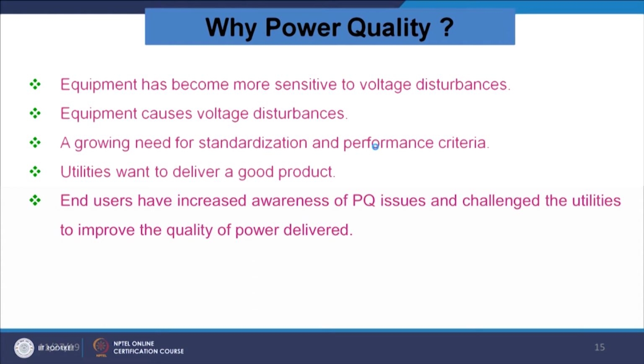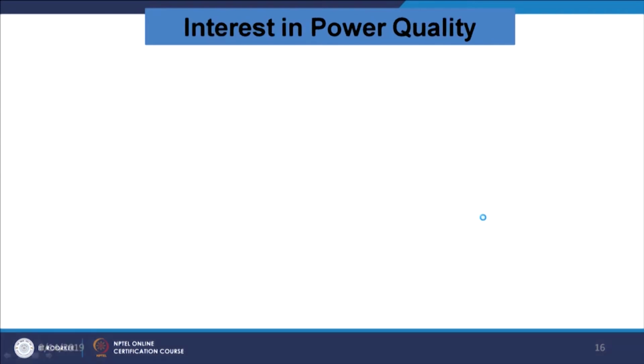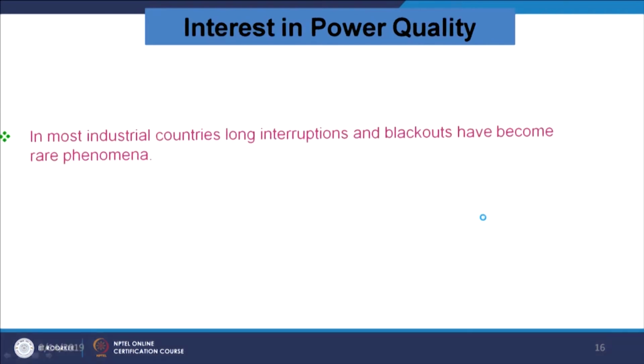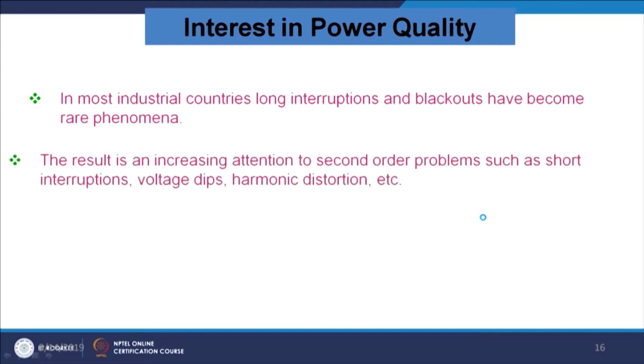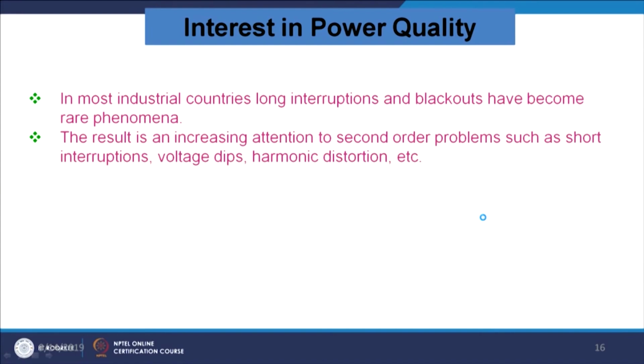End users have increased awareness of the PQ issue and challenge the utility to improve the power quality. In most industries, long interruptions and blackouts have become a rare phenomenon, due to that we have reduced it. So, this results in increasing attention to second order problems such as short interruptions, voltage dips, harmonic distortion etc.